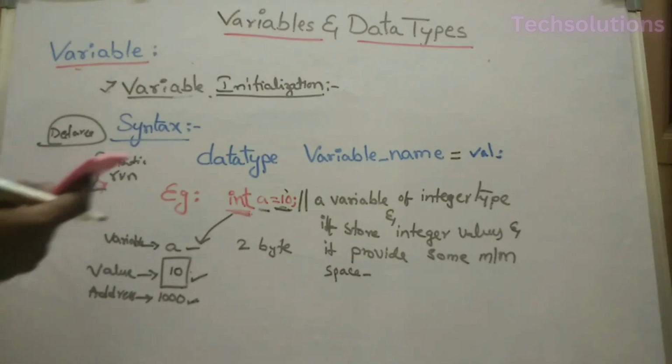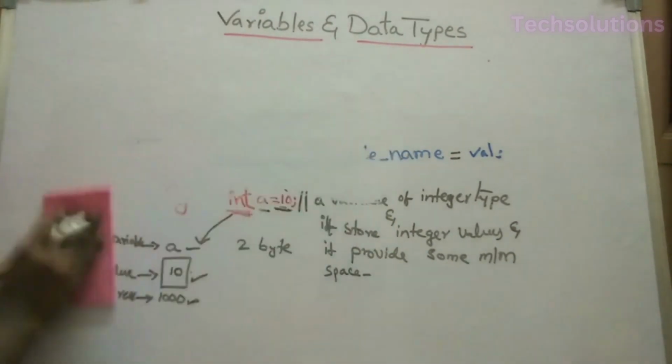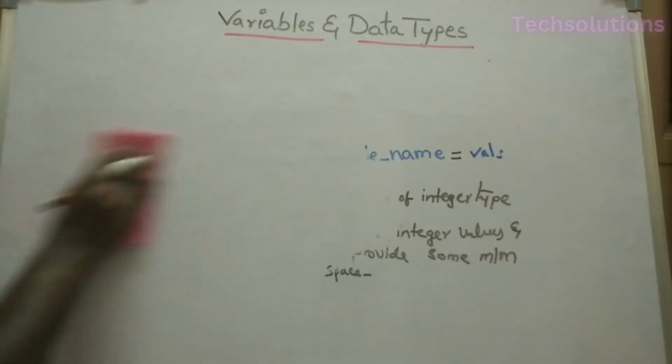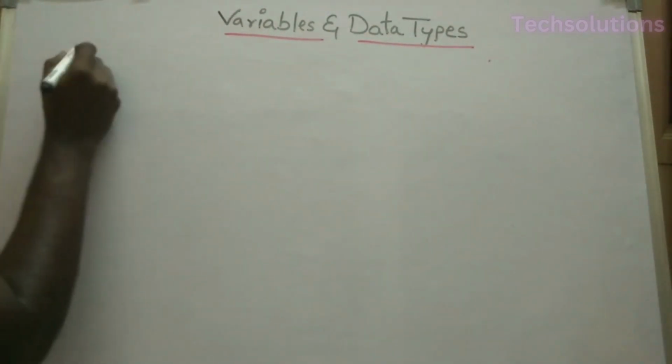Next, we will discuss data types. The purpose of a variable is to store a value. Next, what is meant by data type?